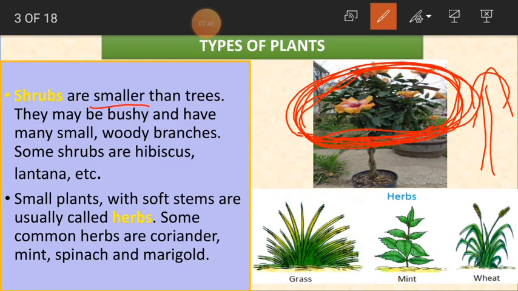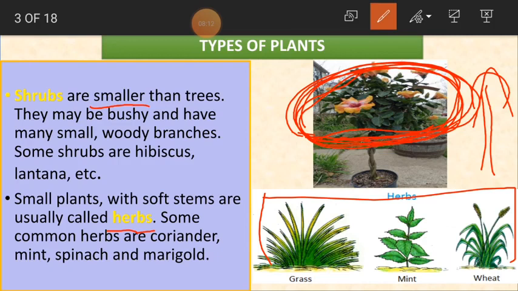Okay, now small plants with soft stems are usually called herbs. The other type of plant, what is it? It is a herb. Small plants with soft stems are usually called herbs. See here, you have herbs.